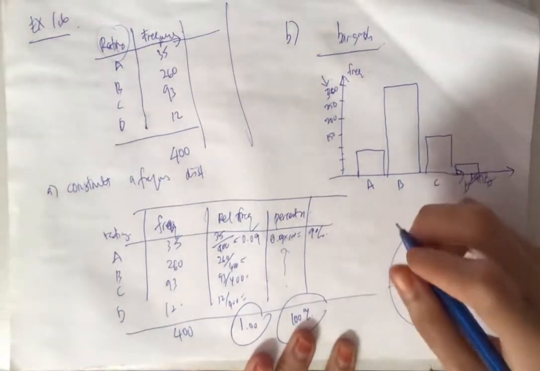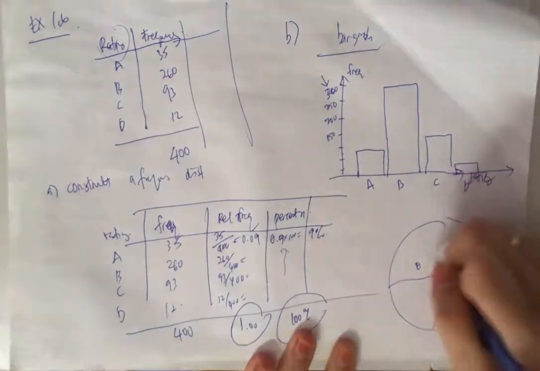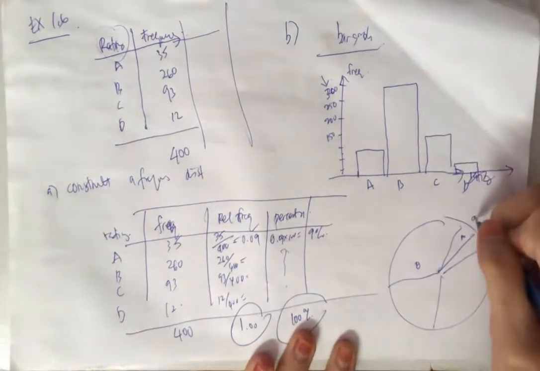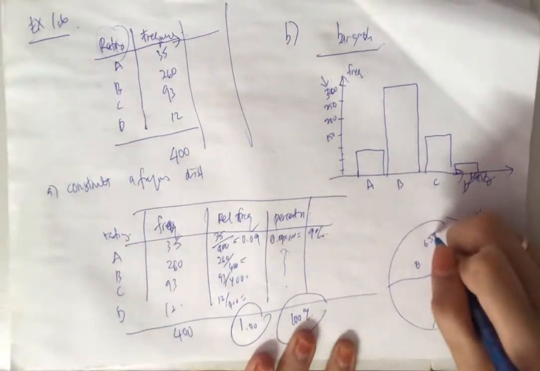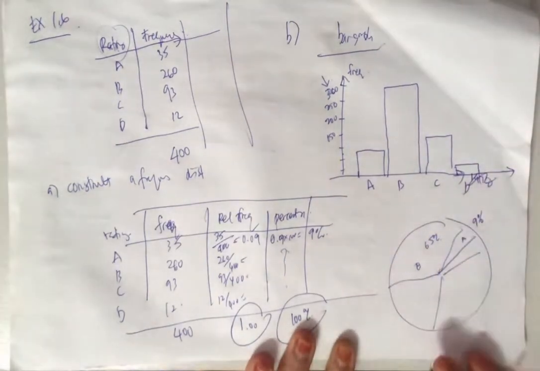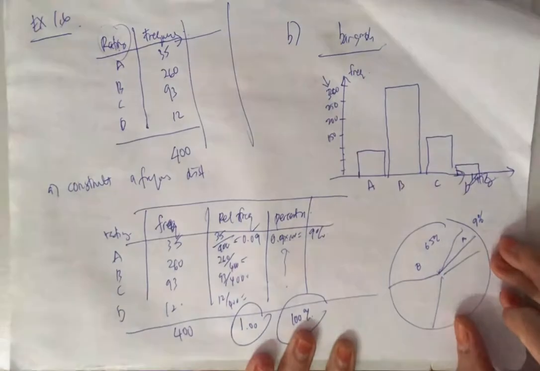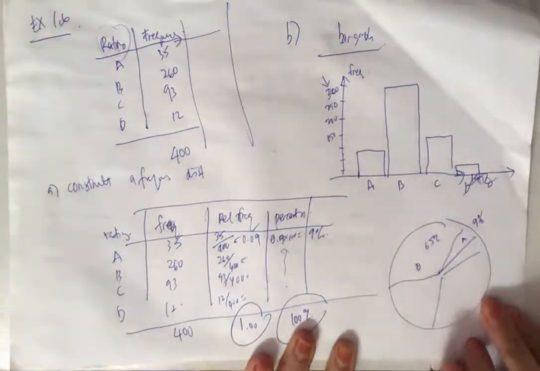You also need to label the percentage. For example, A just now is 9%, and B here is, for example, 65%. So you need to jot down the percentage in the pie chart.